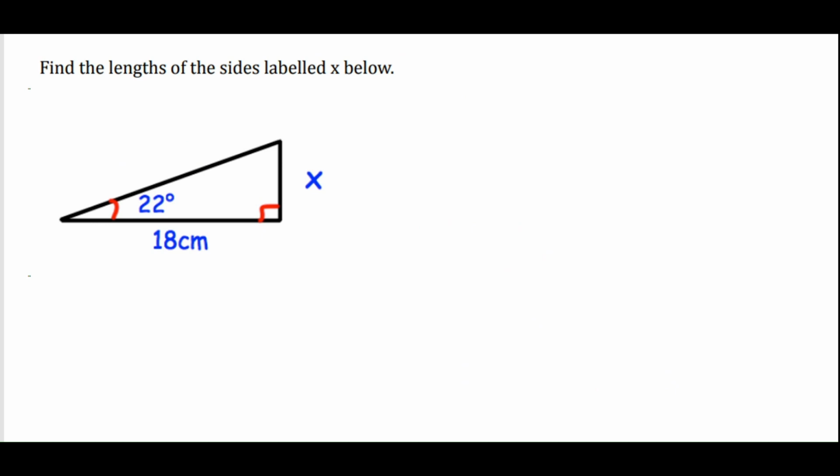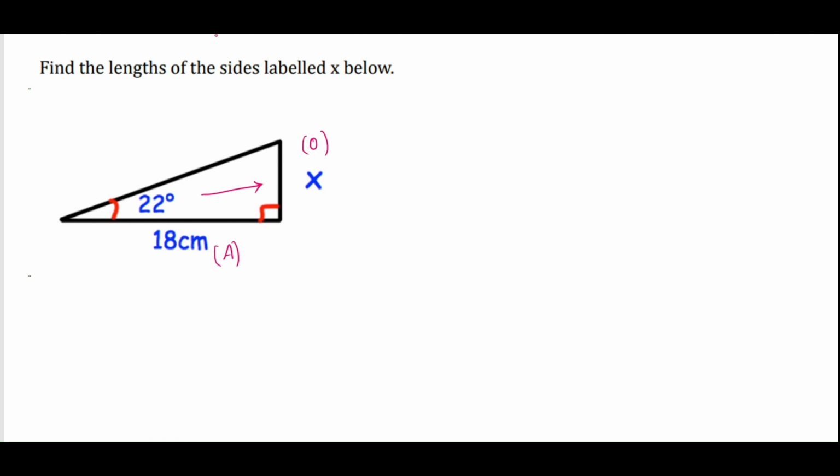Now for our last question involving sides, we're once again going to label the sides of our triangle. So we have the opposite side to our angle, which is given as x, and the adjacent side to our angle, which is 18 centimeters.